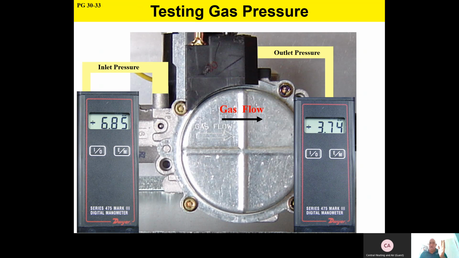So you can resolve that easily with the old water manometer. But I really like a digital manometer on the outlet through the burners, because if the specs call for 3.2 or 3.5 or whatever the case may be, I can resolve that better by looking at a digital on the outlet. So do what you want to do, but that's just a little field tip, and that served me well in my 45 years so far in this career.